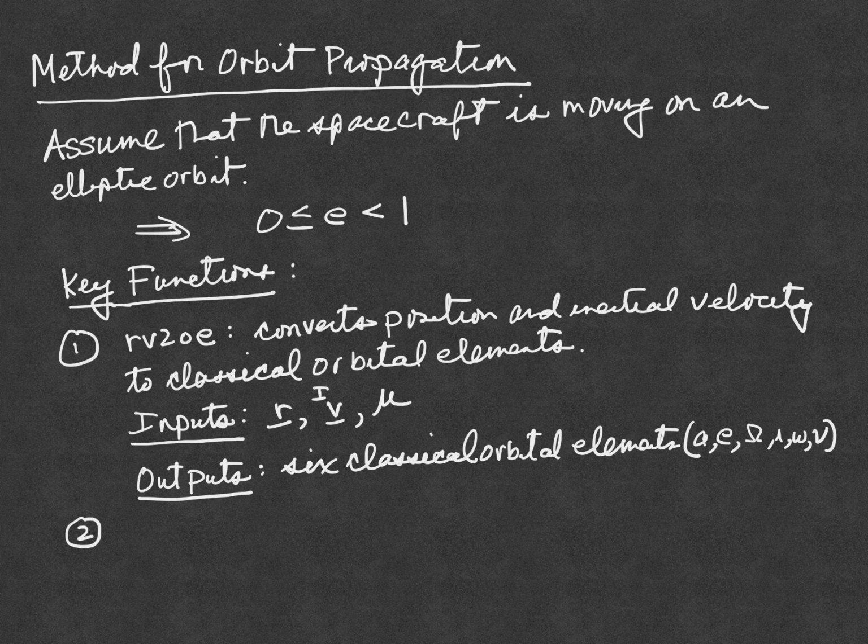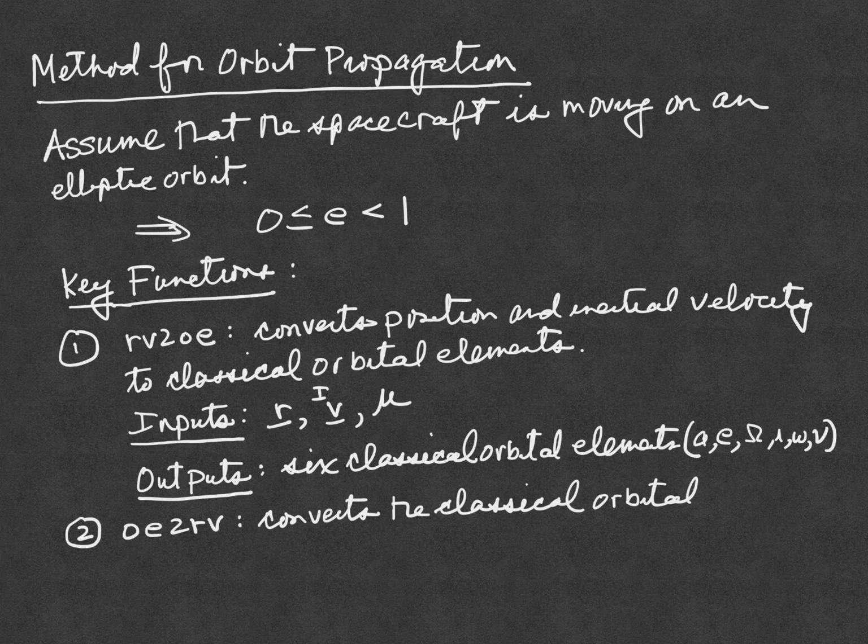The second function that we need is the inverse function, which is OE to RV. Now, this function converts the classical orbital elements to position and inertial velocity.